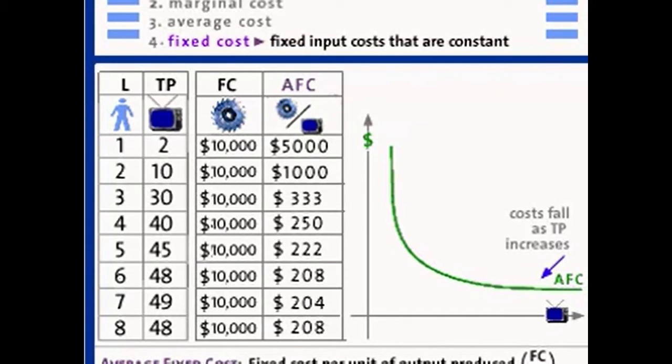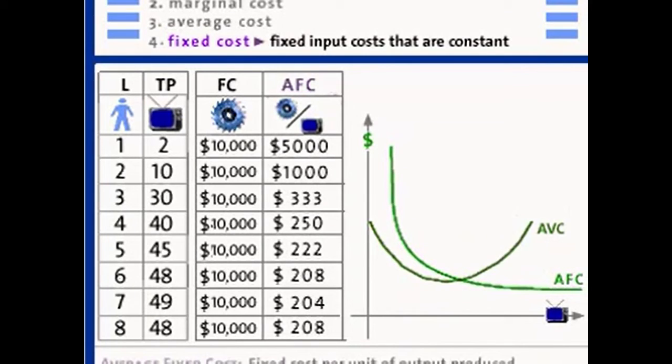Now, let's take this average fixed cost and put it together with another graph that we're used to drawing, another curve, and that is the average variable cost curve. So let's draw the average variable cost curve in here. And remember, it looks like this, AVC. So now we've got two curves together.